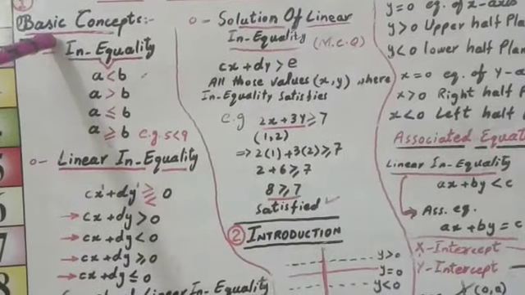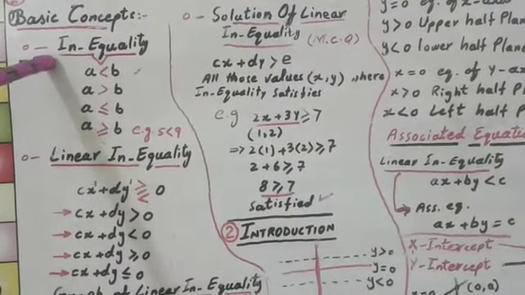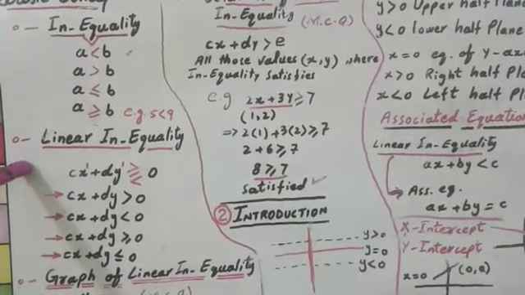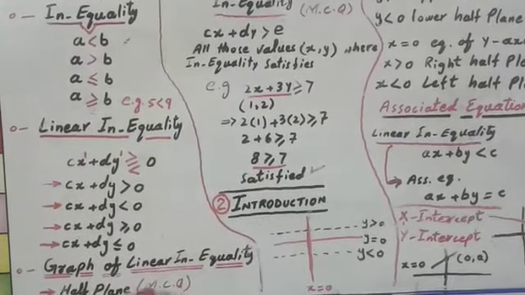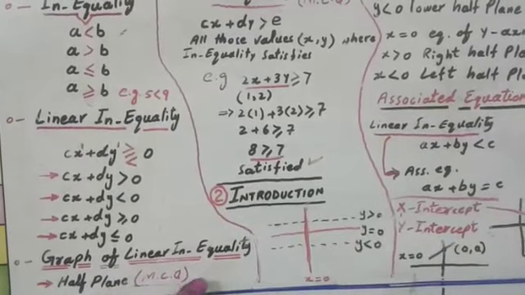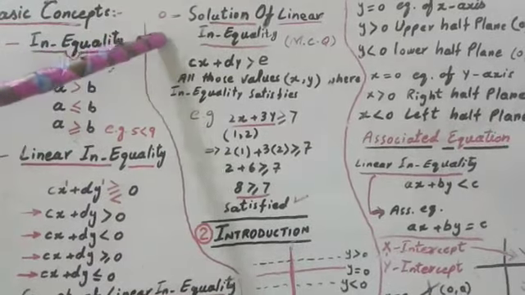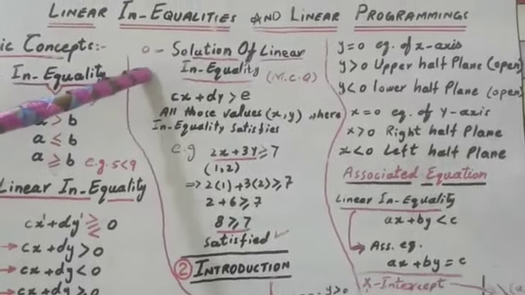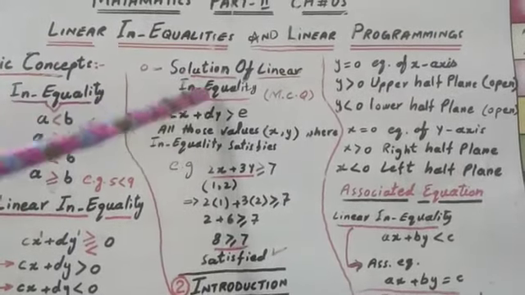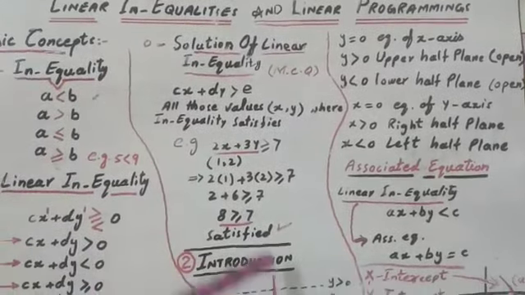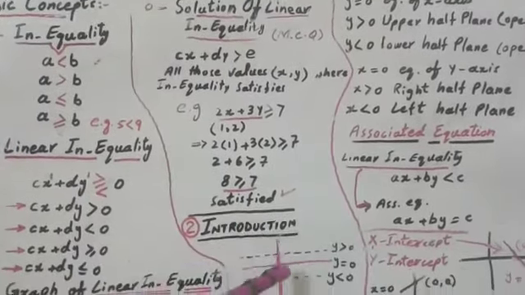First of all, I have given you the concept about equality. Second, about inequality with 4 signs. Third, about linear inequality. Fourth, where I told you the important MCQ, that the graph of linear inequality is a half plane. Fifth is what the solution of a linear inequality is and how we will find it. Next, about x-axis and y-axis.